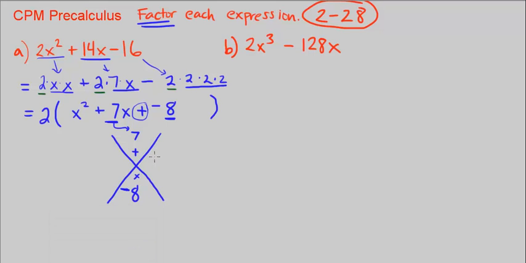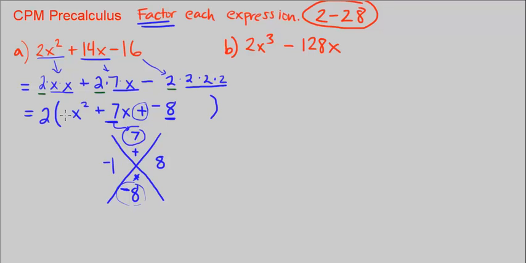I can think of only one set. If I want terms that multiply to negative 8, well, 2 times negative 4 gives me negative 8, but if I add those, we do not get 7. Negative 1 times positive 8 gives me negative 8, and if I add these two, I get positive 7.